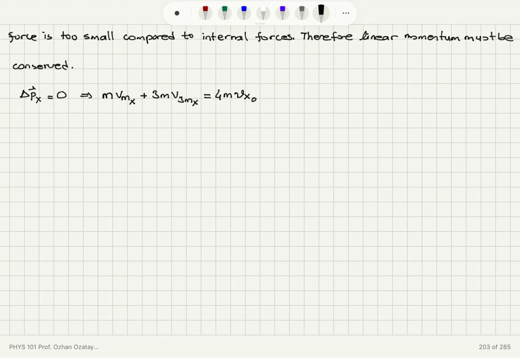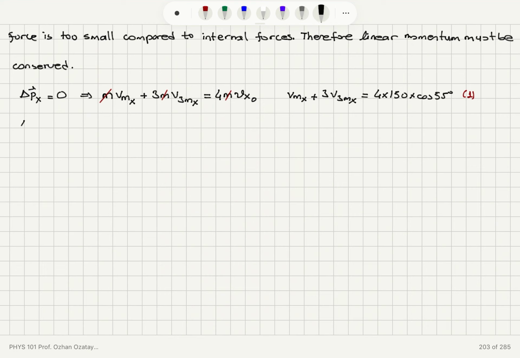So this gives us, here is a cancellation of the masses. So this gives us the following equation, Vmx plus 3v3mx must be equal to 4 times 150 times cosine 55 degrees. So let's label this equation number 1.